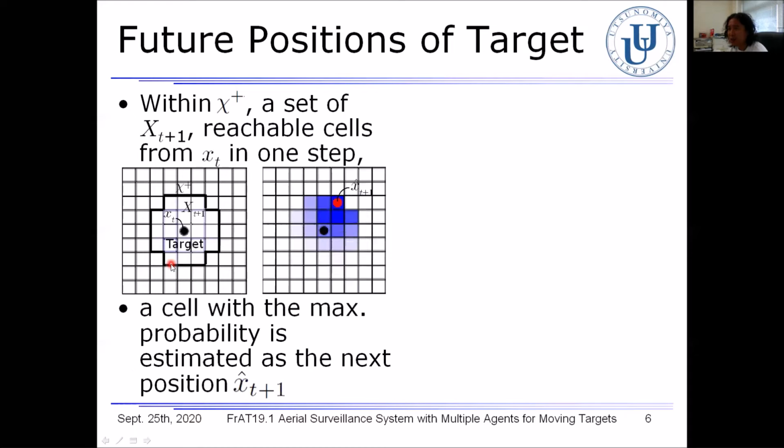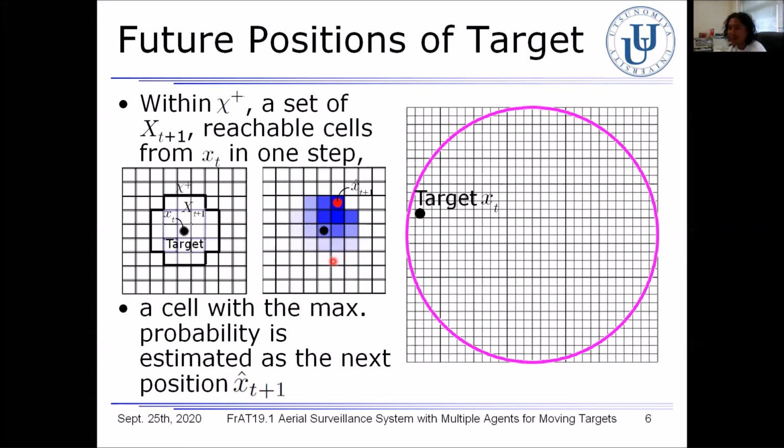A cell with the maximum moving probability is estimated as the next position of the target, x hat t+1. As you can see here in this figure, the cell with this red dot has the maximum moving probability. So this cell is an estimated next position of the target, which is x hat t+1. Okay. On the basis of this estimated position x hat t+1, the next position x hat t+2 is further estimated.